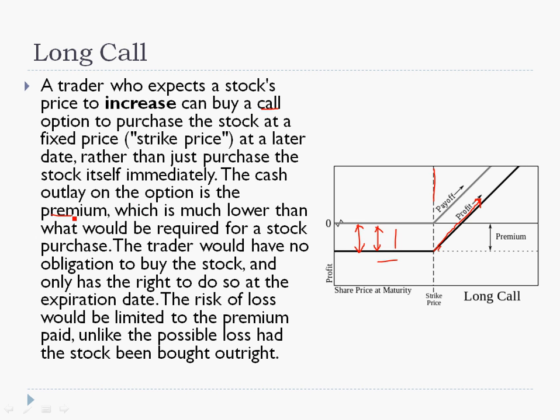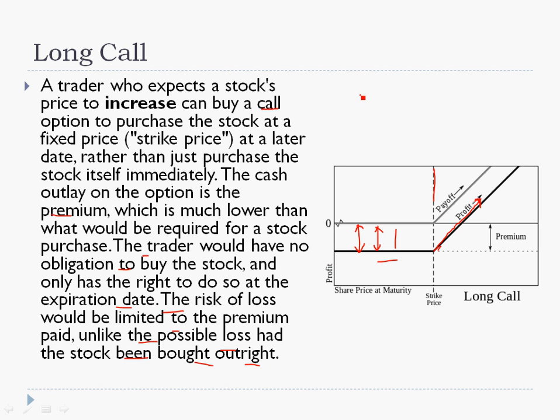So I have to pay a premium which is much lower than what is required for stock purchase, right? The trader would have no obligation to buy the stock and only has the right to do so at the expiration day. The risk of loss would be limited to the premium, unlike the possible loss had the stock been bought outright. So I am hedging my risk here.